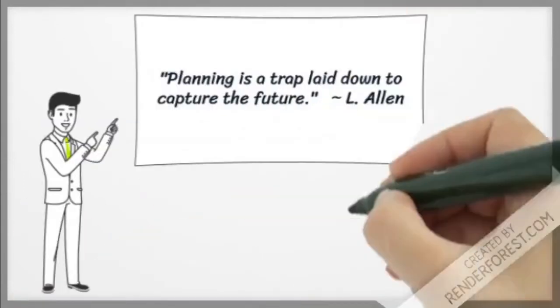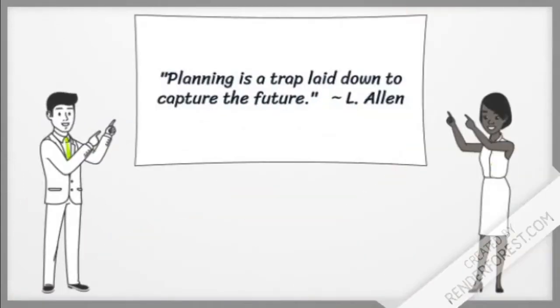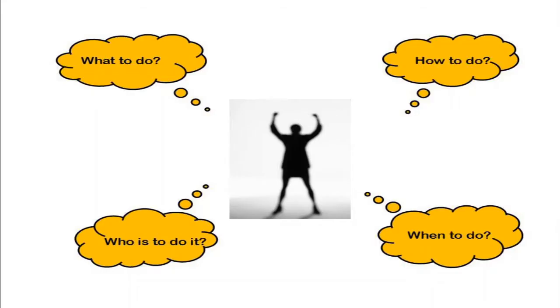Another interesting definition by Allen states that planning is a trap laid down to capture the future. Thus we see that planning is the act of thinking and determining a course of action spelled out in detail.